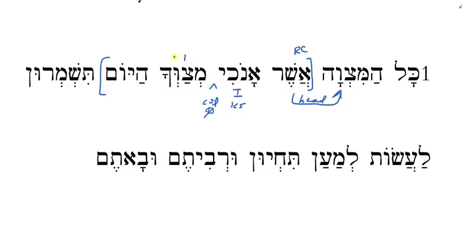This is one of your new verbs. This is from tzava. It's a 3-hay verb. I've got a mem prefix, which tells you that this is a participle. And then after my form, I've got roots 1 and 2, no ending.